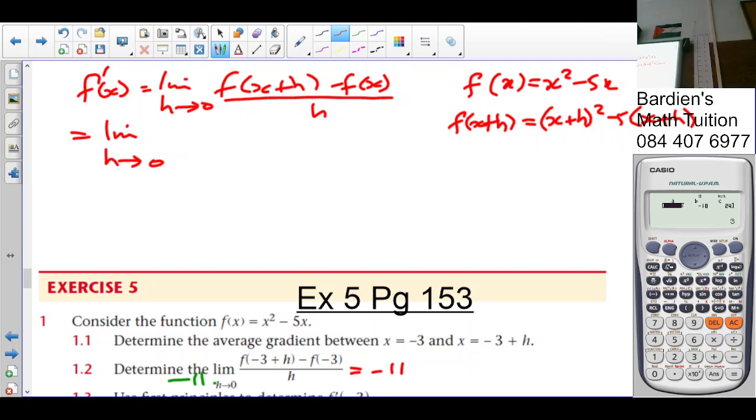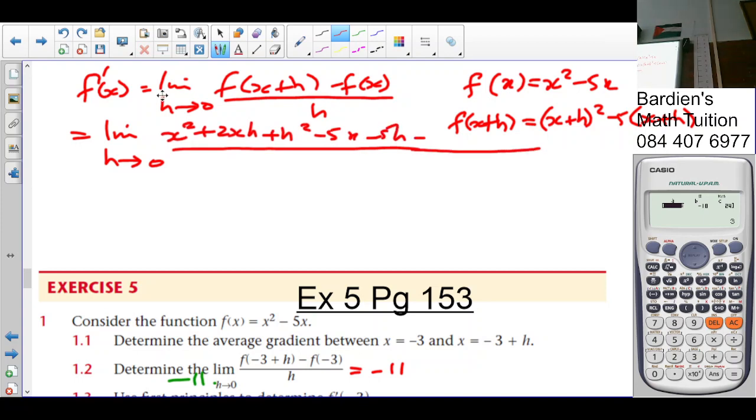So f of x plus h, of course, is going to be x squared plus 2xh plus h squared minus 5x minus 5h, minus, in brackets, x squared minus 5x. Multiply the bracket out, so it's x squared plus 5x, and this is all over h.